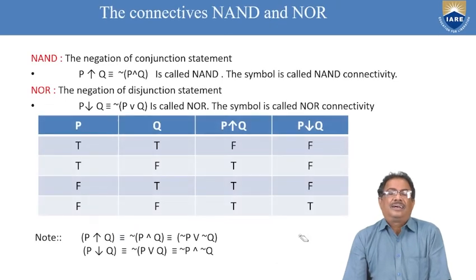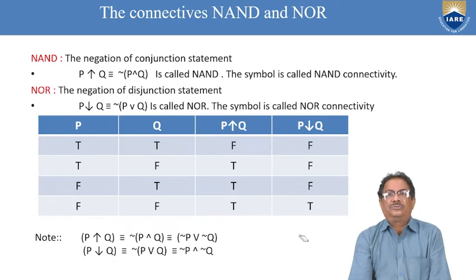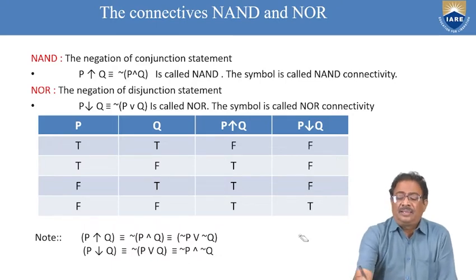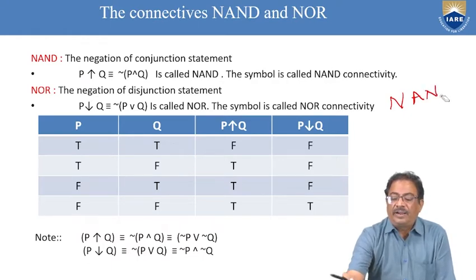Now, let us consider two more logical connectives. One is NAND and another one is NOR. See here, NAND means negation of AND.